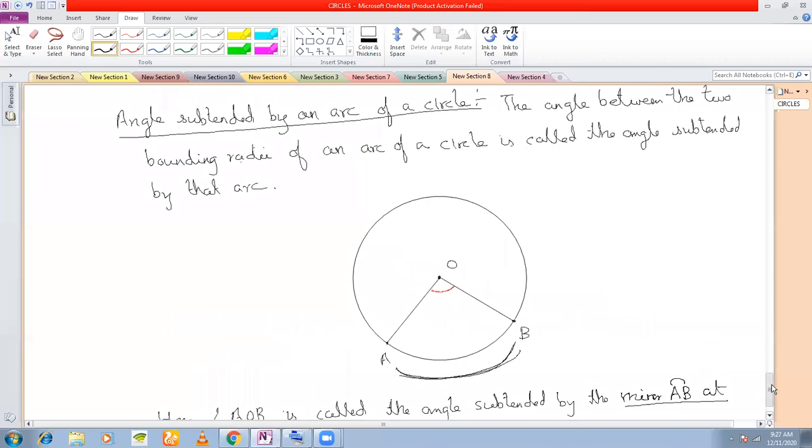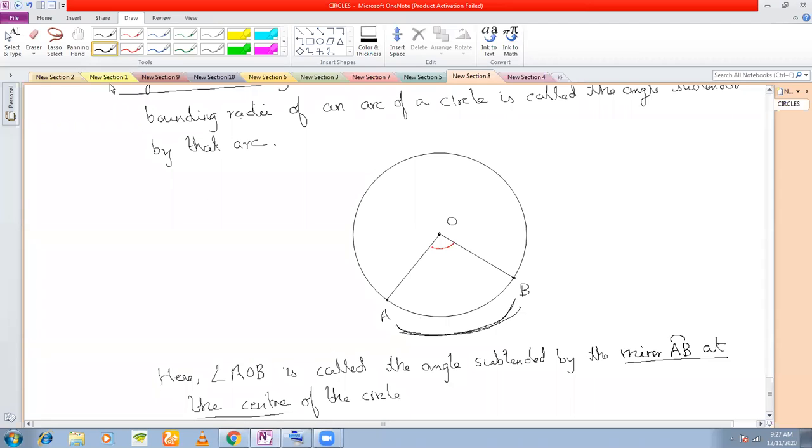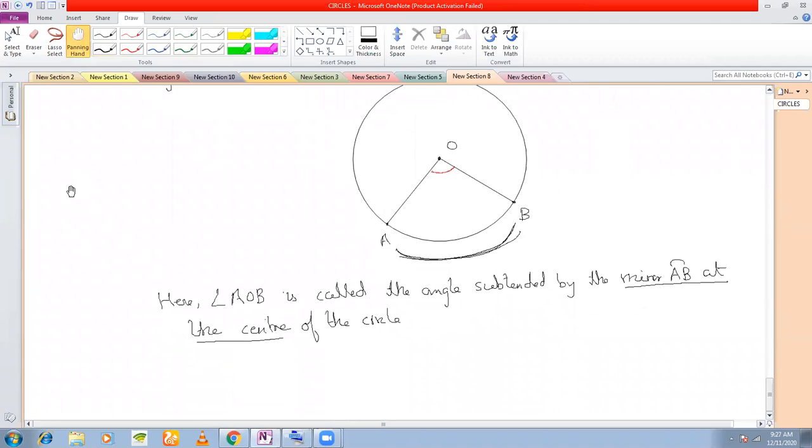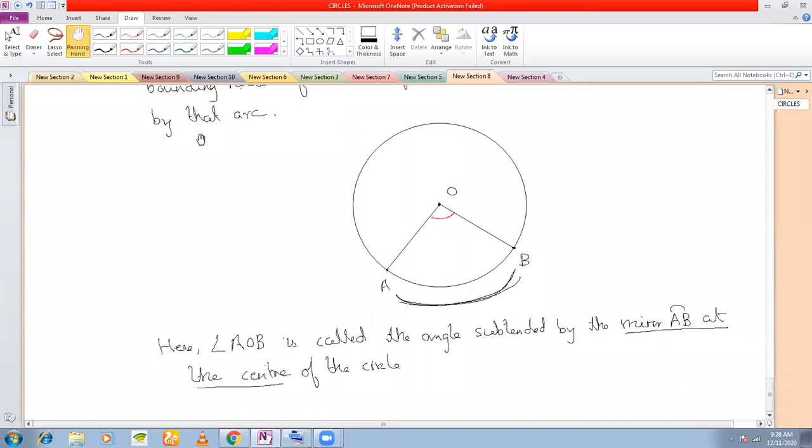Next, what happens if I take this same arc? What is the angle subtended by the major arc AB? Which one is the major arc here? Major arc here is this one, right? What is the angle subtended by the major arc AB at the center?